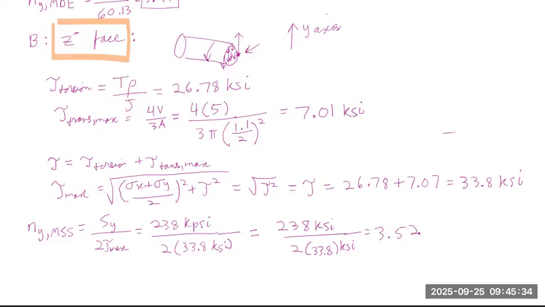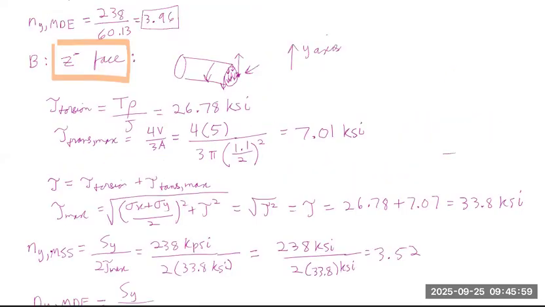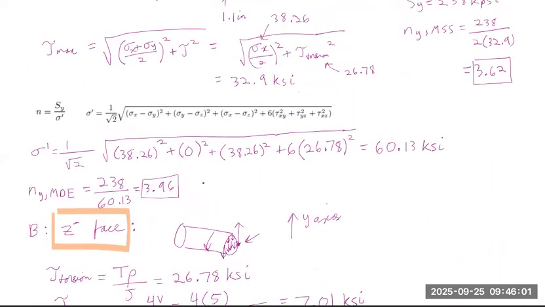Now, while we're at it, we can also calculate the factor of safety for yielding for the distortion energy theorem, which is going to be equal to the yielding strength over sigma prime. And sigma prime again is given by this equation over here.